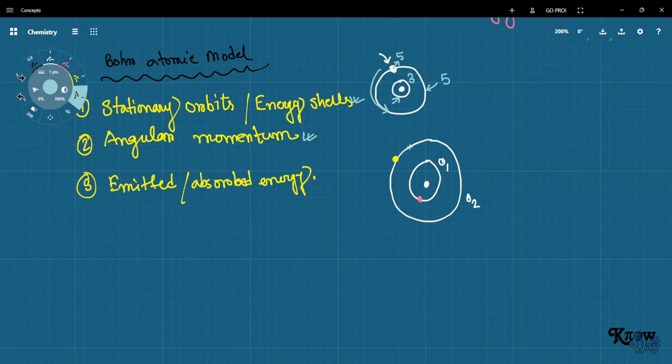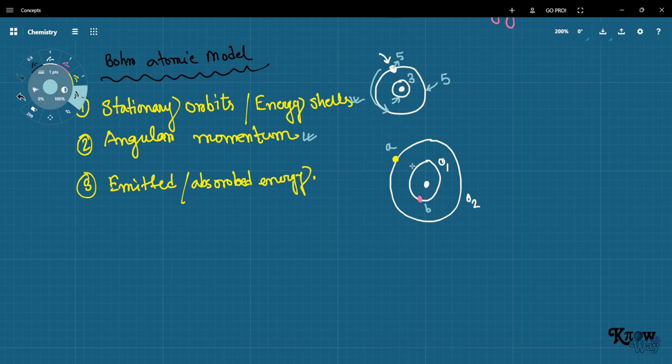Let's say it has an energy of A, and let's say the pink electron here has an energy of B, which is needed for staying in the O1 orbit, and this yellow electron needs energy A to stay in the O2 orbit.